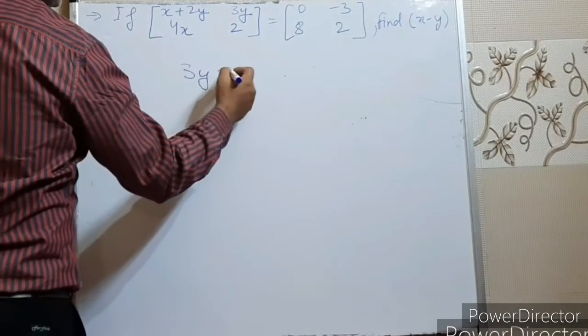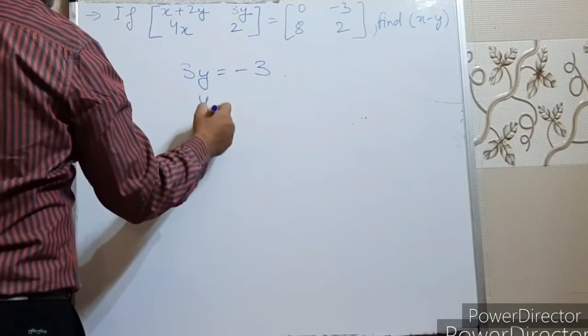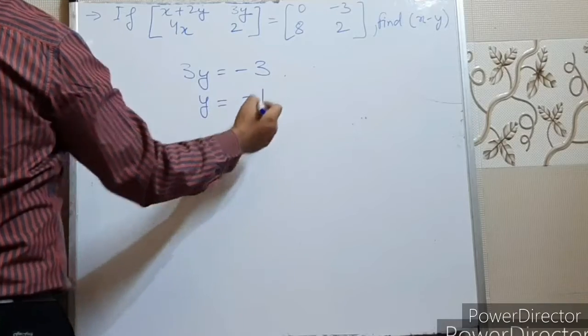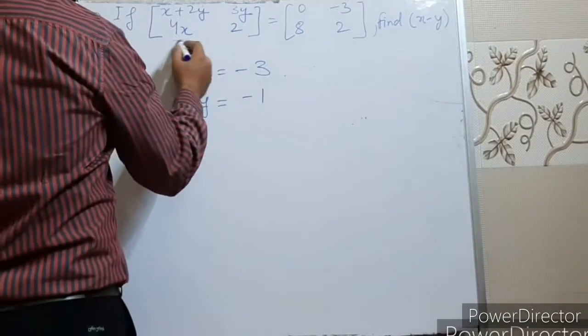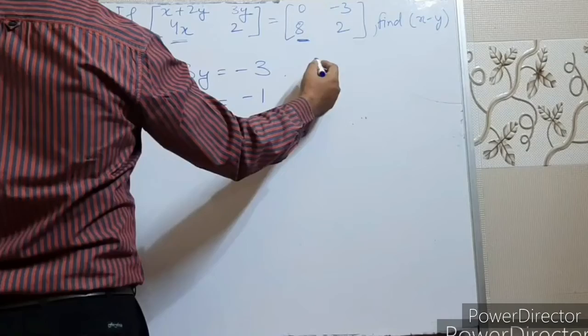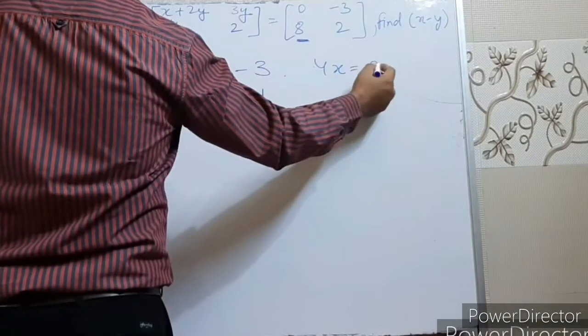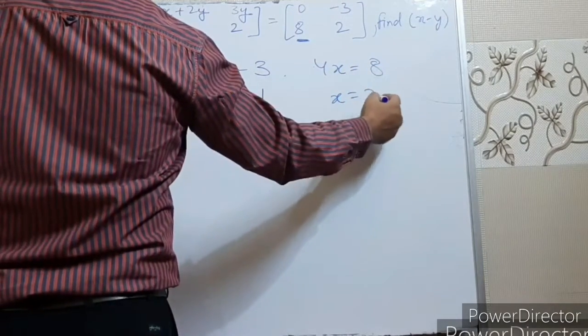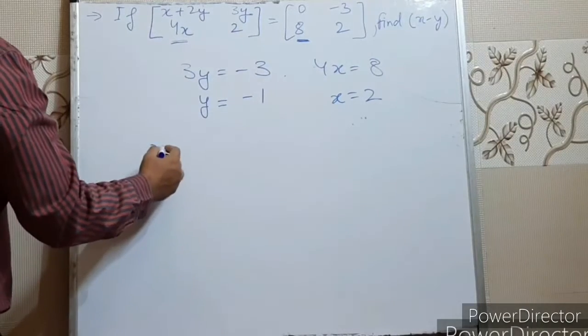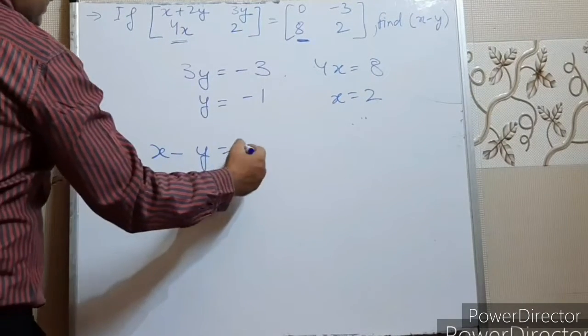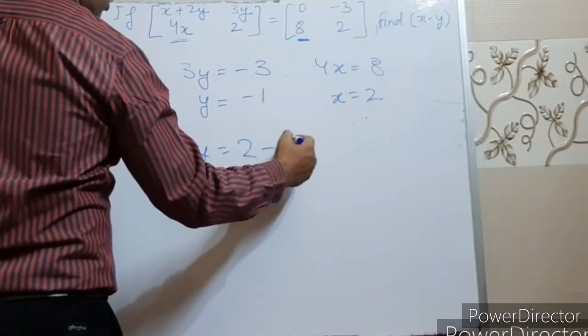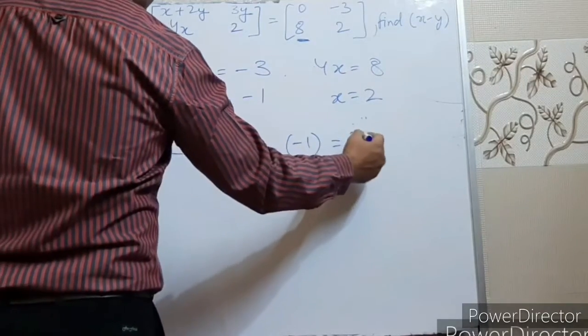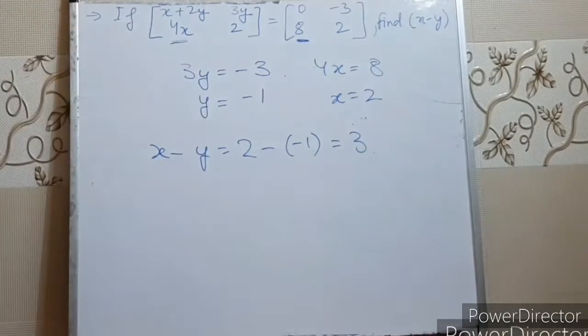What is the value of y we will get? Minus 1. And when you equate this term, 4x equals 8. What is the value of x that we will get? 2. So we need to calculate the value of x minus y. The value of x minus y will be 2 minus of minus 1, that will be 3. Children, note down.